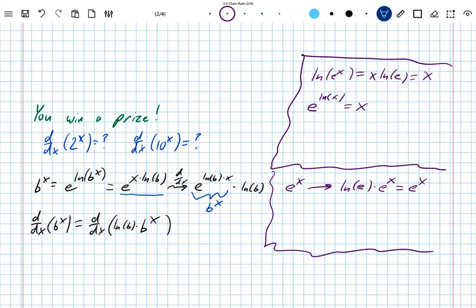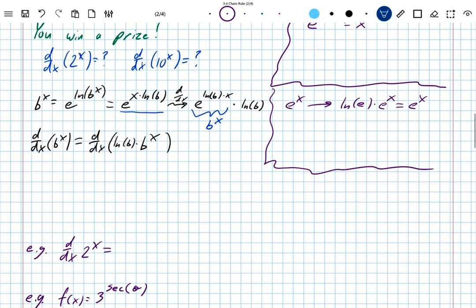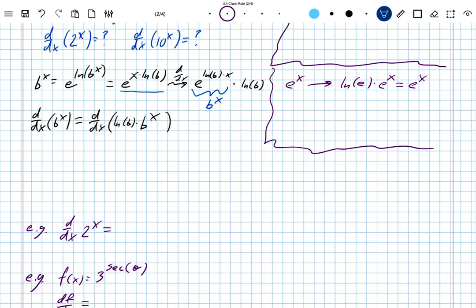Let's do a couple of extra practices. You might actually even recall that when we did the proof of the derivative of e to the x, we said that for any exponential function, for anything like b to the x, we should get something that looks like b to the x times a constant. Way back when we did that proof, we weren't sure what the constant was. We defined the number e so that the constant would be 1. e was the number that makes it so that this becomes a 1.